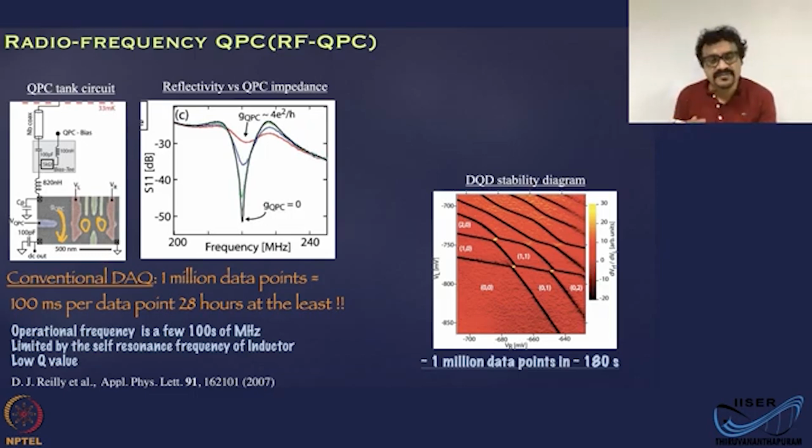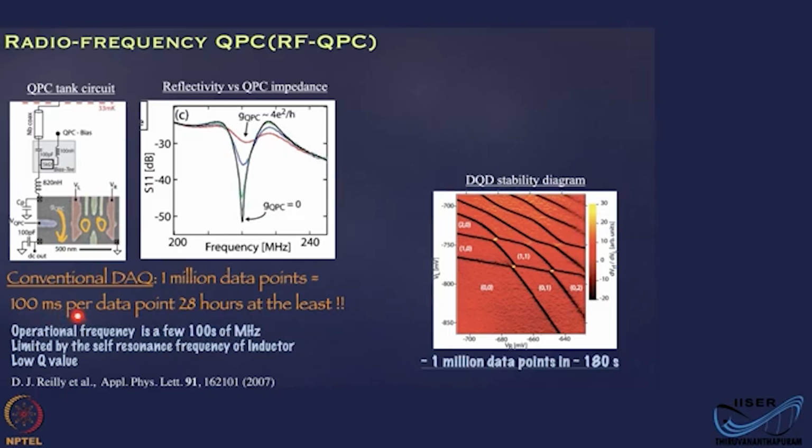Generally, you need something like 300 to 500 milliseconds to get one data point, because remember, you have all these filters and other things in the DC line. So you cannot get anything faster than that. So the 100 milliseconds per data point, even if you assume, is going to take 28 hours.